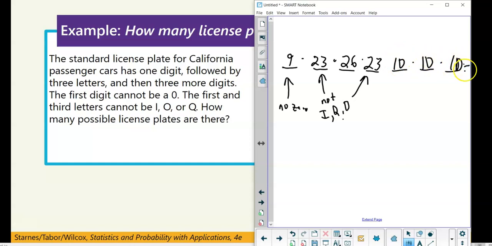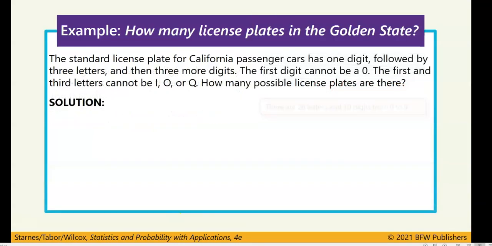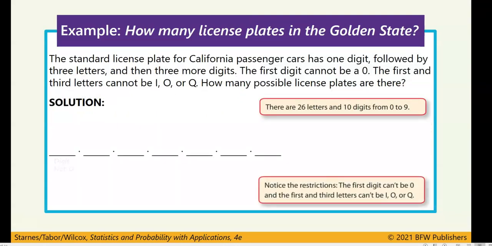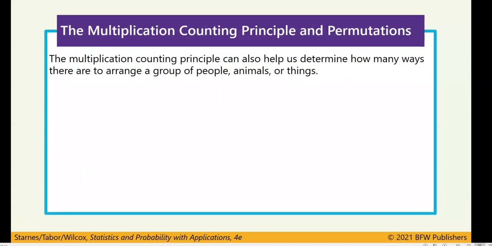Then you get your calculator out and multiply those out. I think that's what we got: 123 million possibilities. So they can keep their license plate format like that for a long time and don't have to expand it at all because they have a lot of options.